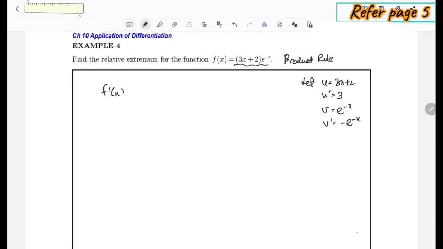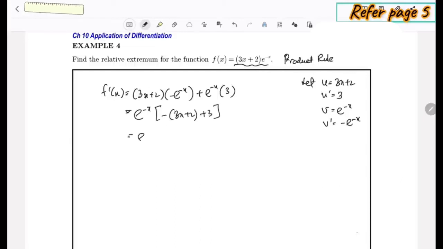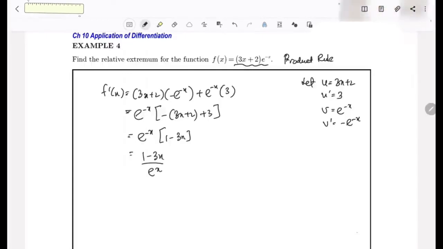So f prime x will be (3x plus 2) times negative e to the negative x, plus e to the negative x times 3. So factorize e to the negative x: negative of (3x plus 2) plus 3. So we have e to the negative x times (1 minus 3x). So bring down the e to the negative x, so we have (1 minus 3x) over e to the x.